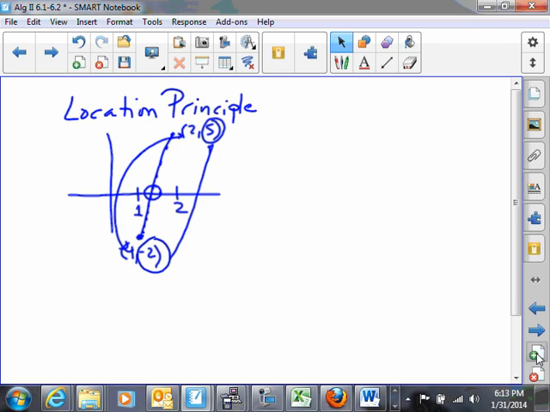If you look at a chart of the output values of a function, wherever you see a change in sign of the y's, you know that those two x's contain a real 0. The graph crosses the x-axis between those two x's. And that takes care of polynomial functions.